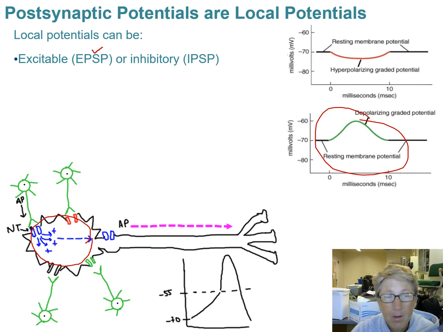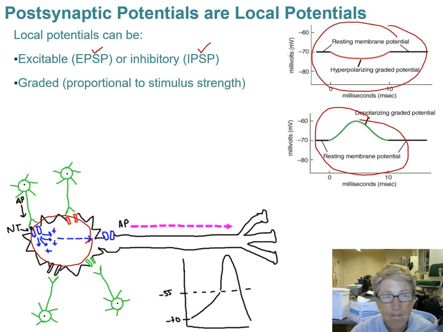If they're inhibitory, that means chloride channels were open and negative charges moved in, and the graph looks like this. Local potentials are graded. That means they're proportional to the stimulus strength.